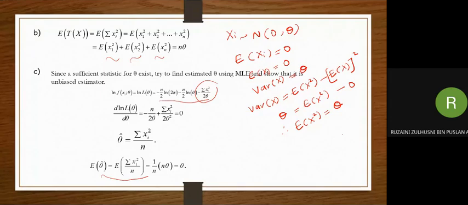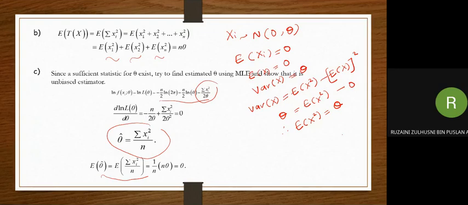So that means your unbiased estimator, your theta hat, is a function of the sufficient statistic. Because we already have the sufficient statistic, which is just summation Xi square, in this case your MLE is summation Xi square over n.